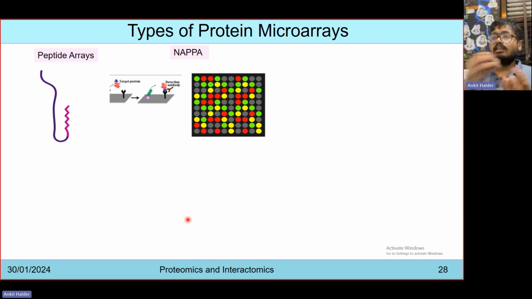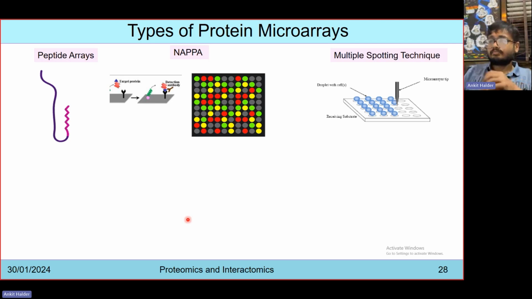So these cell-free expression systems become very useful, like the nucleic acid programmable protein array or the NAPA, which was invented, so that all the proteins can be expressed without using any cell expression, which was becoming very tedious to tackle, and rather the proteins can be finally analyzed and seen for their interaction.